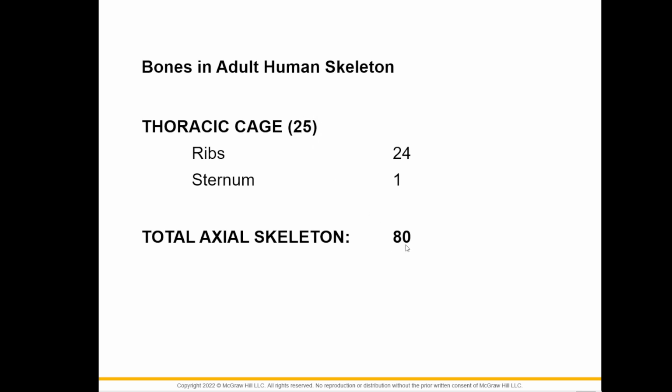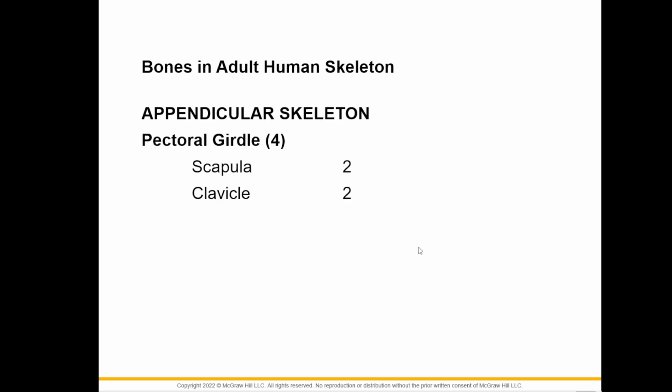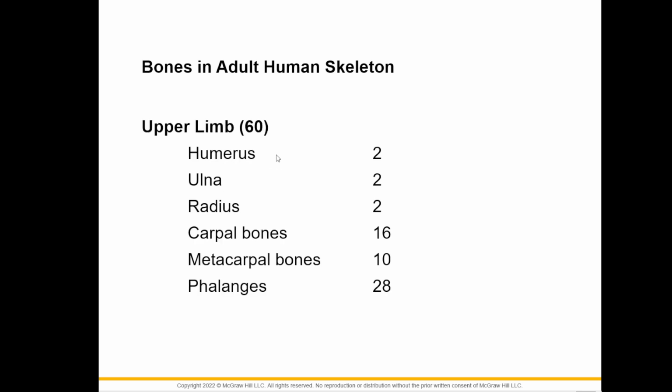bones in the axial skeleton. For the appendicular skeleton, we have the pectoral girdle: 1 scapula on the left, 1 scapula on the right, 1 clavicle on the left, 1 clavicle on the right, for a total of 4. For the upper limb, we have 60.